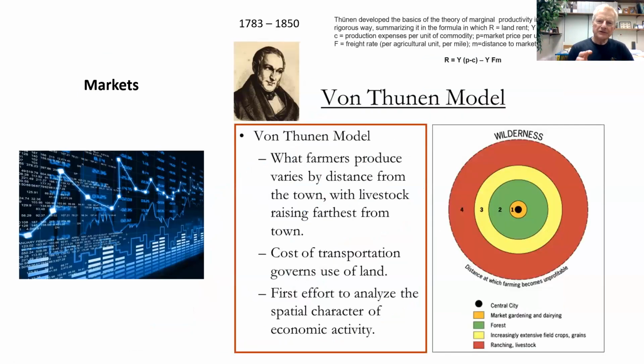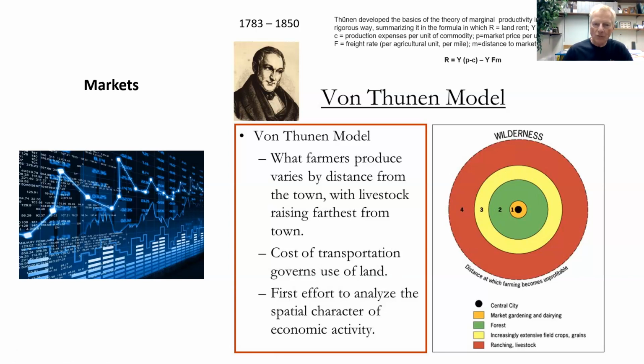Let me just share some history around markets that may or may not apply to us today. Von Thunen was an economist 200 years ago. And he came up with this von Thunen model of concentric land use.